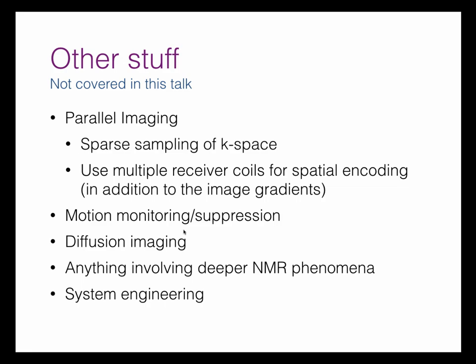On the 3T, we have an optically based system, which we've been struggling to get to work well. It has a camera, and in principle it can track head motion and feed it back into the scanner, but it's still a work in progress. We're not getting results as good as we'd like.